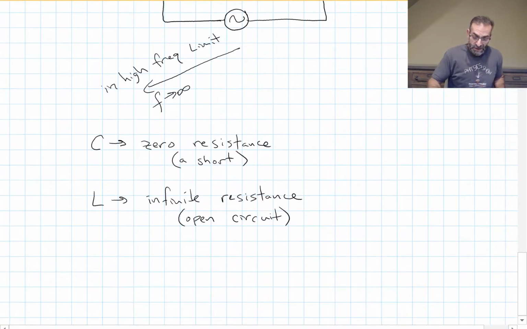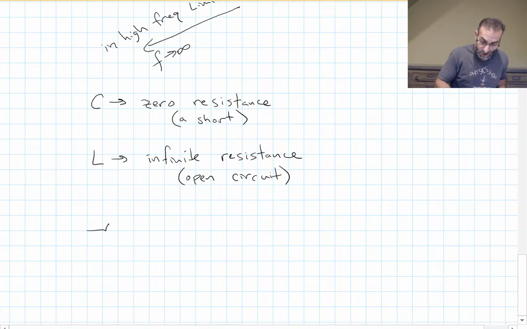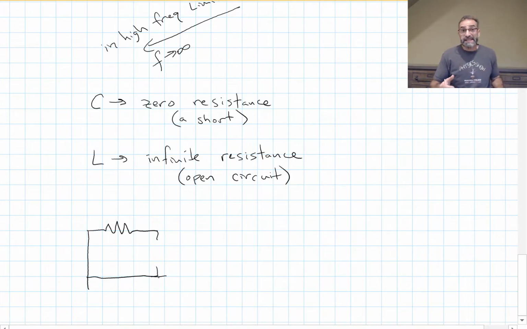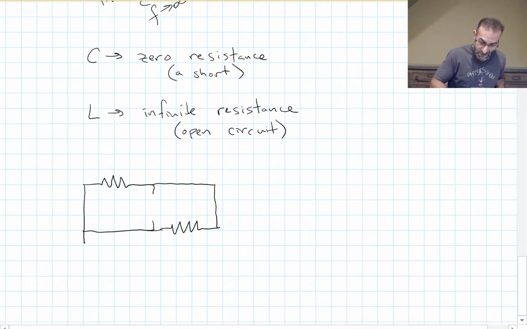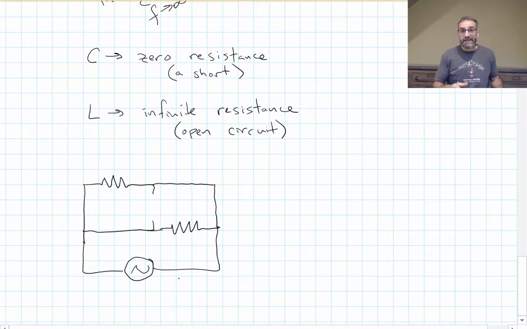So let's redraw the circuit. Our resistor doesn't change. Doesn't matter what the frequency is, the resistor just acts like the resistor. But this inductor I can take out of the circuit, and the capacitor I can replace with a wire. It just acts like a short. And on the other side, I can replace this capacitor with a wire, and this resistor acts the same. And my circuit looks like this.